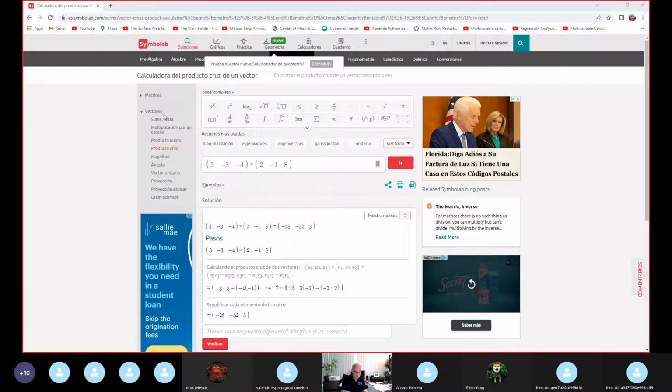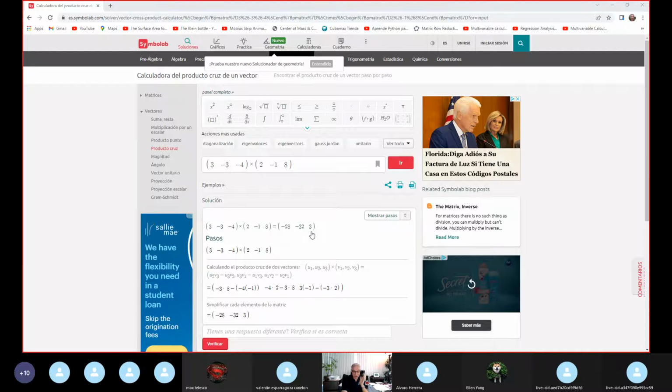This is the vector AP, and the position determined it was equal 0, 3, -3, -4, cross product. You select cross product, 2, -1, and 8 is the B vector, and you perform the cross product, and the answer is -28, -32, and 3.